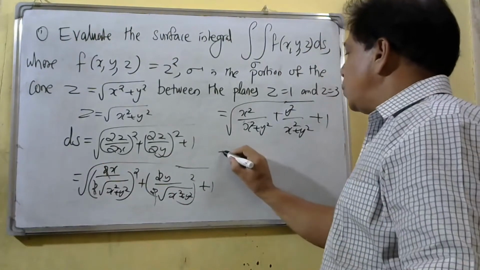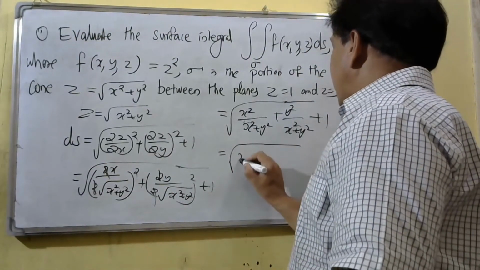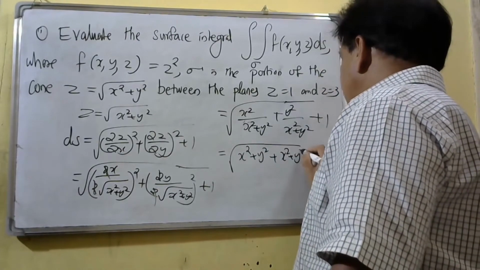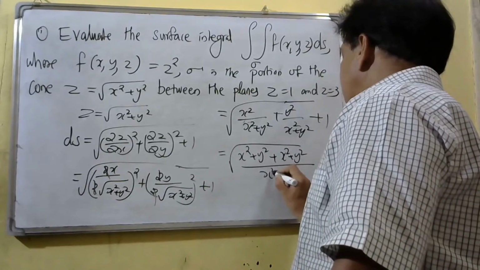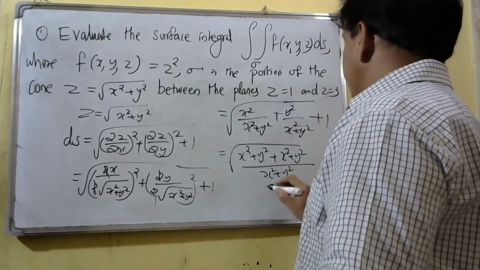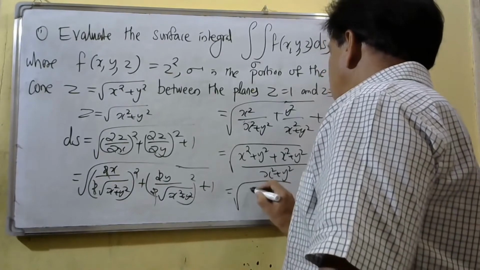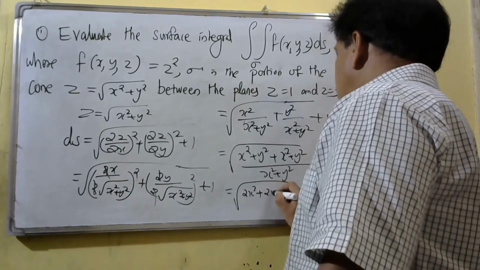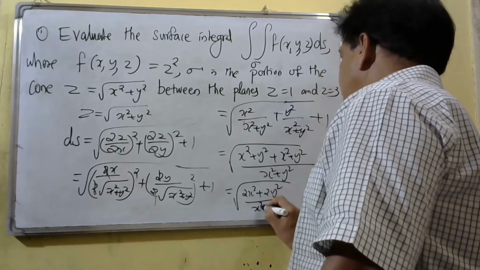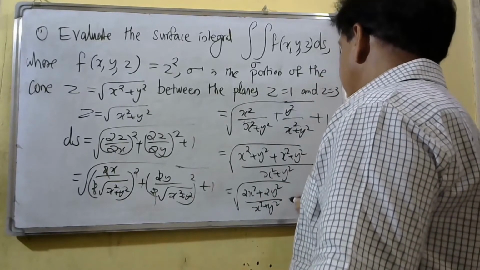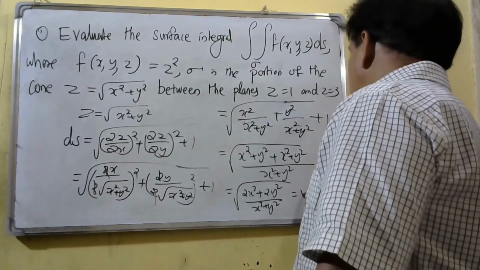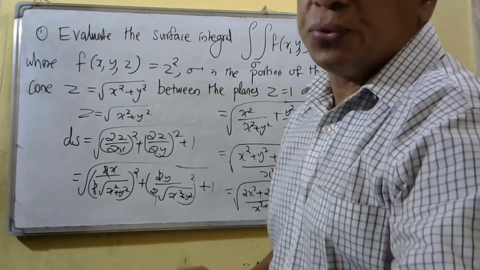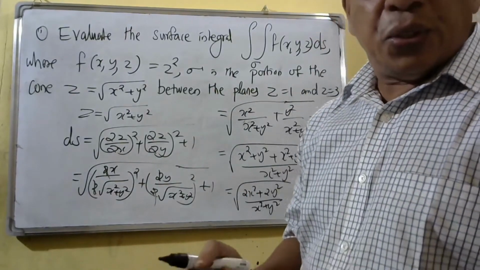Then this is equal to root of x square plus y square plus x square plus y square divided by x square plus y square. That is 2x square plus 2y square by x square plus y square, that is root 2. Therefore, the value of ds is equal to root 2.